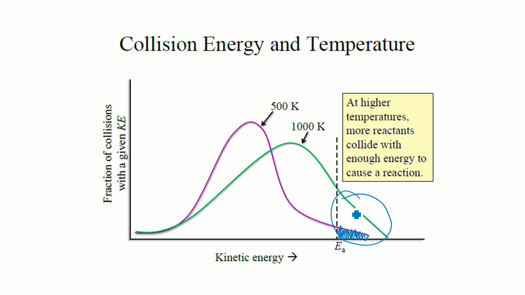When I increase the temperature, now a much greater percentage of my sample has sufficient energy to react. So in my green sample, more collisions will result in a reaction, and the reaction is going to go faster. Okay, so that's what's happening with temperature.